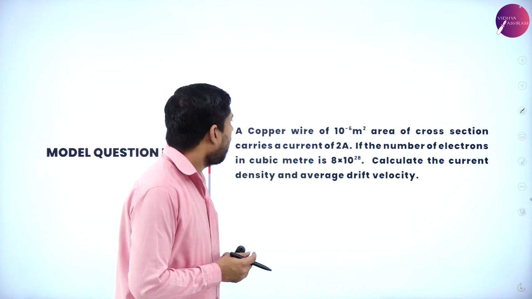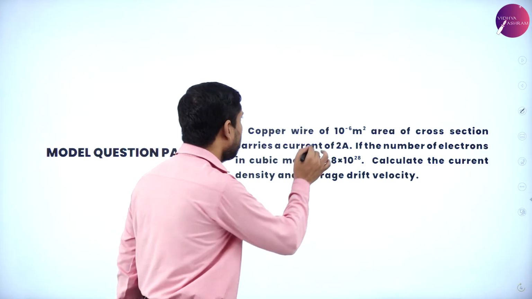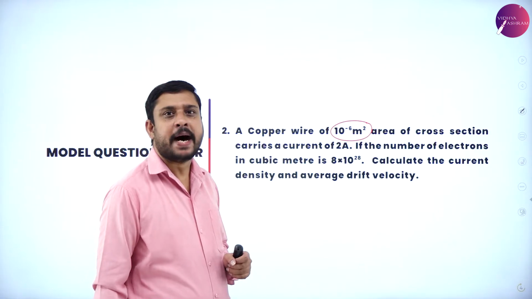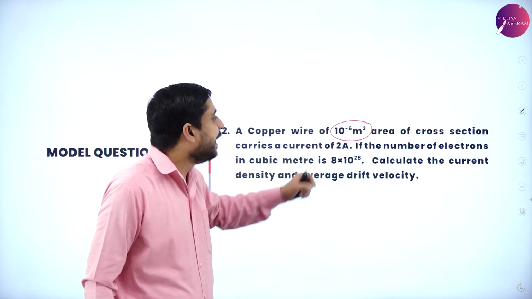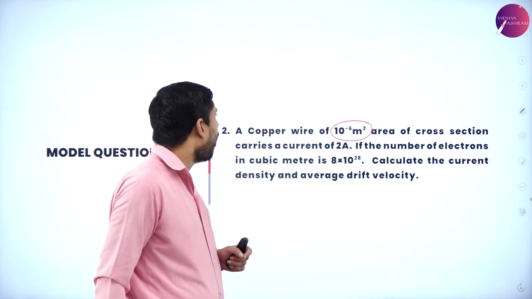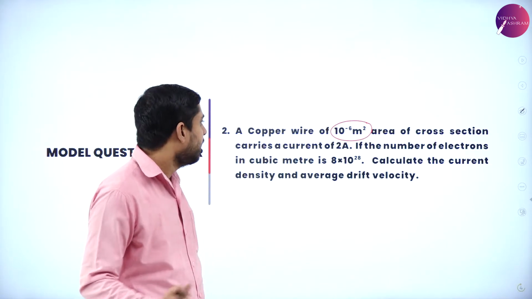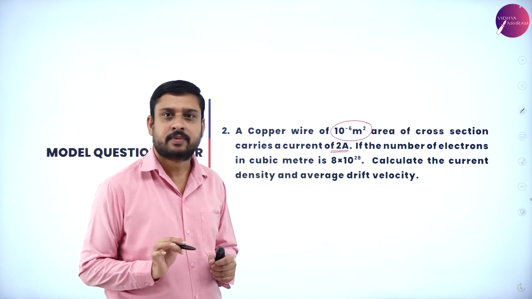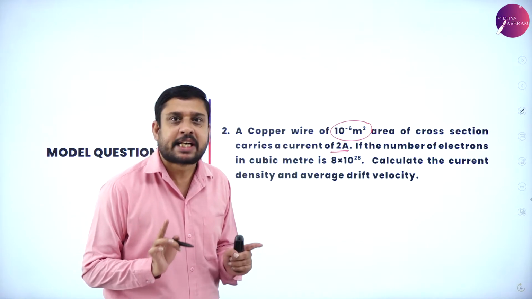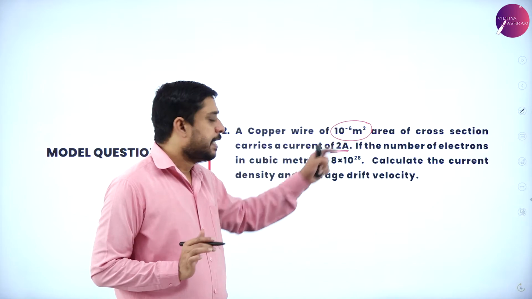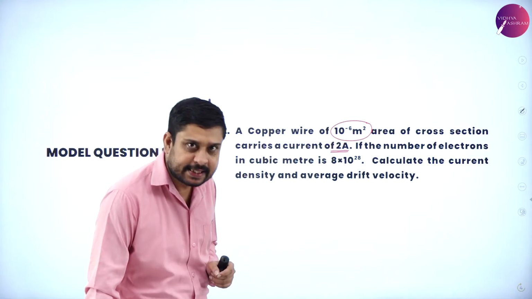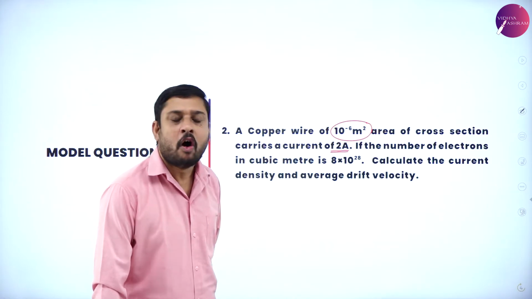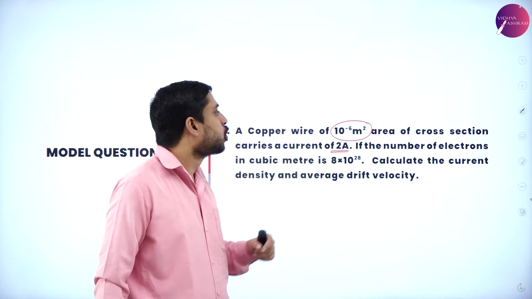The next one. A copper wire of 10 power minus 6 meter square area of cross section carries a current of 2 ampere. Cross sectional area is 10 power minus 6 meter square, and it is carrying a current of 2 amperes.